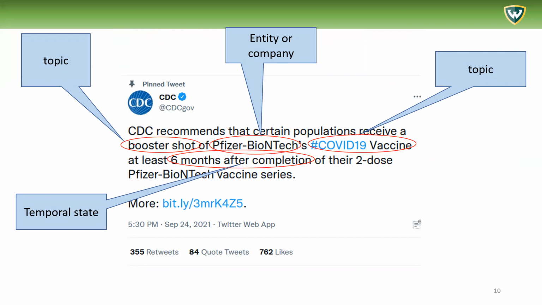So you might be able to actually find topic words from this unstructured text. Things like "booster shot" and "COVID-19 vaccine" indicate that it is a topic. Now, how do you know this is a topic? And why is the word "recommend" not a topic? Well, recommend is a verb, and verbs are usually not topical words. Why is CDC not a topic? Well, CDC is the subject of the sentence, the entity doing things. So we know that it's not a topic. It might be an entity, and so on.